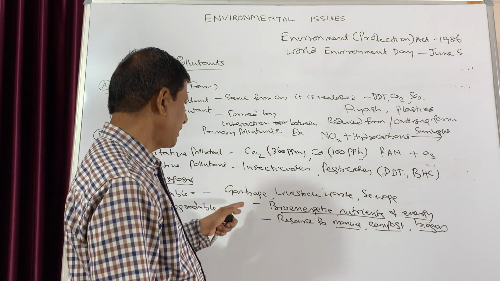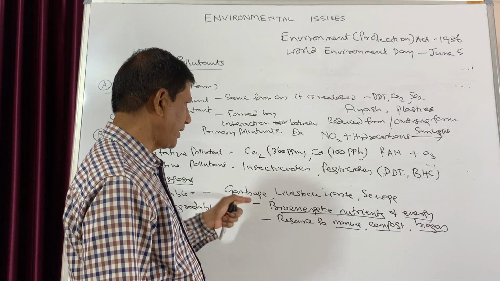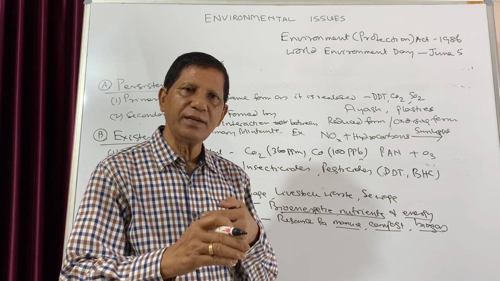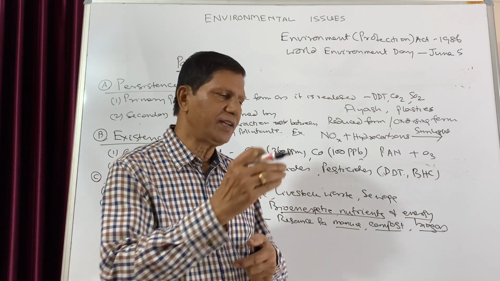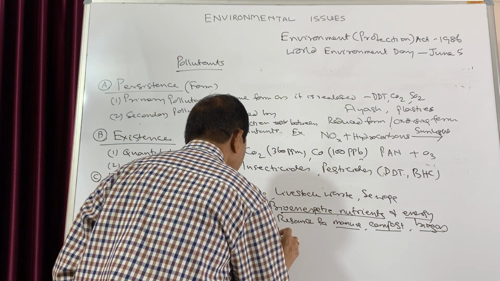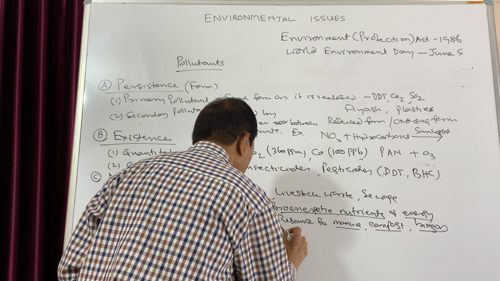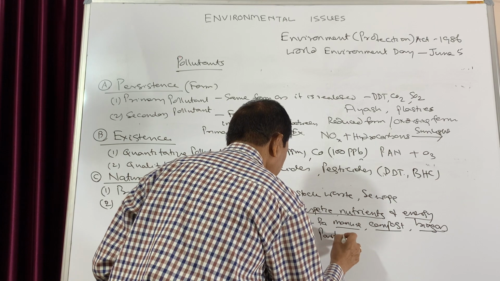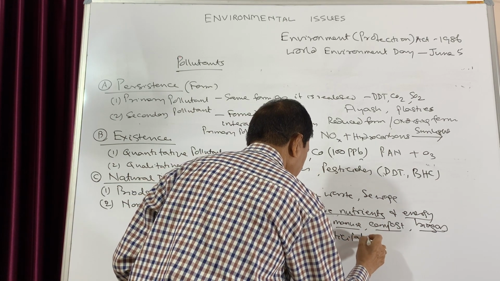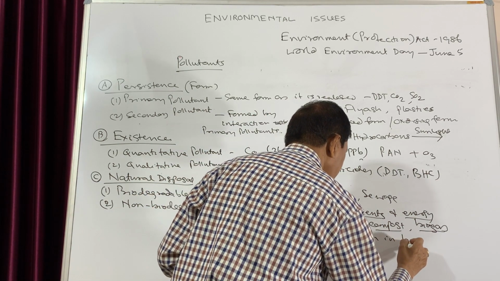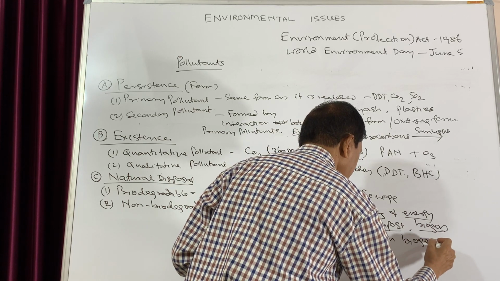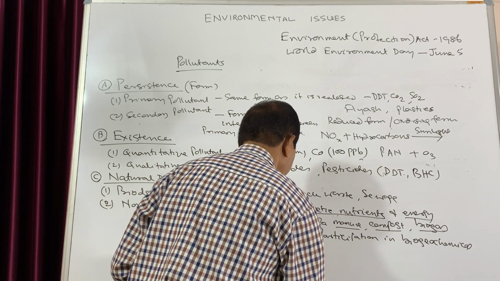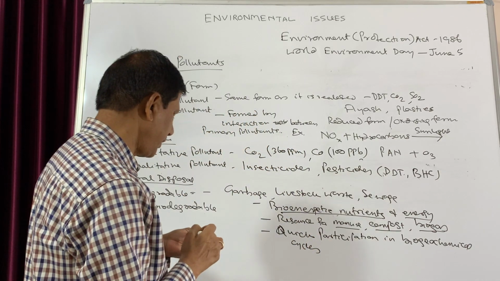So that is the importance of the biodegradable ones. And another important thing is they take part in quick participation in biogeochemical cycles. This is again a very important point.